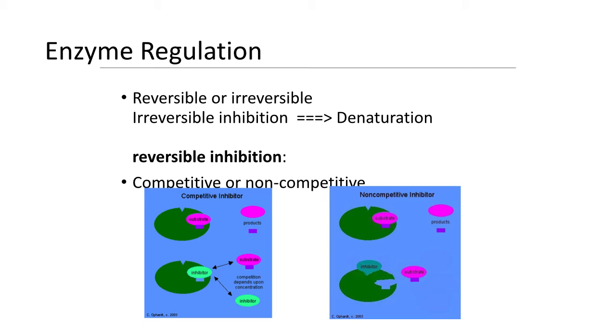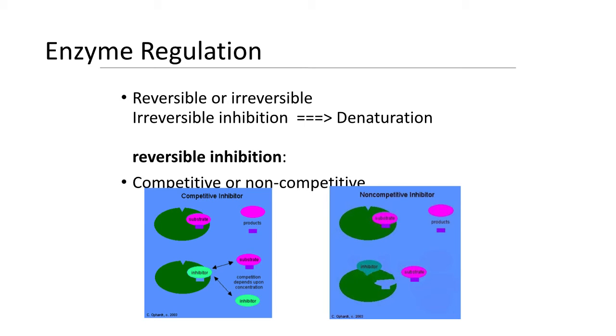irreversible inhibition. One good example is if you destroy the protein that is the enzyme by acid-base conditions, by high temperature, by mechanical degradation, that's going to make sure that the enzyme doesn't work. There's a reversible type of inhibition that's called competitive inhibition.